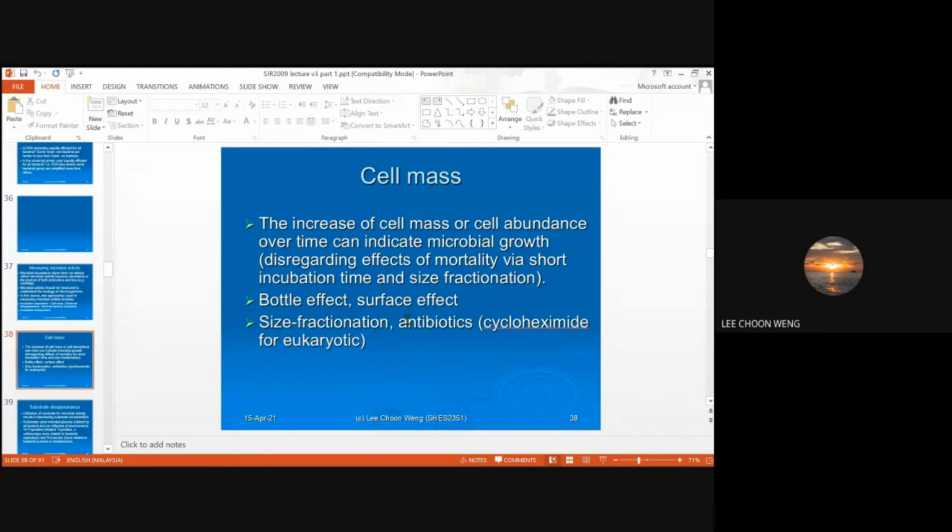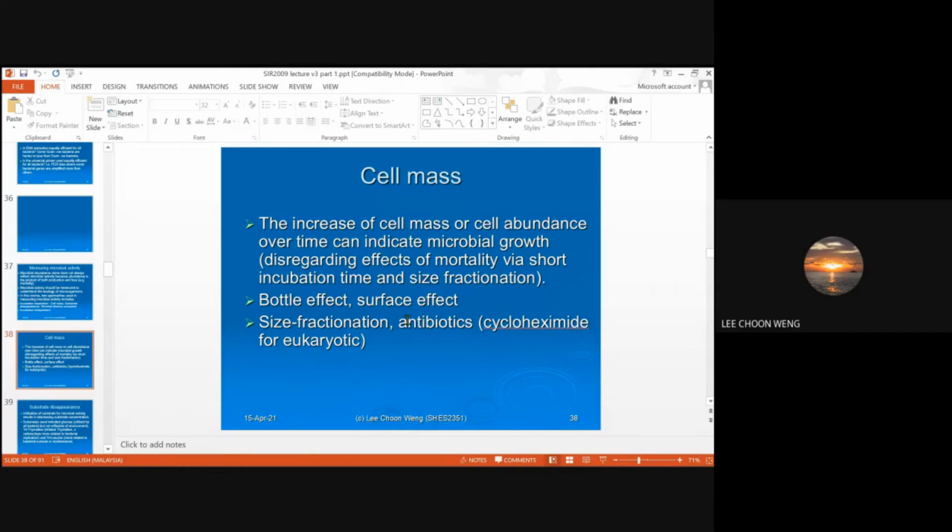Because a bottle effect or surface effect is based on the principle where nutrients tend to accumulate where there is a surface. Okay. So a bigger bottle will actually have a smaller surface over volume ratio as opposed to a smaller bottle.